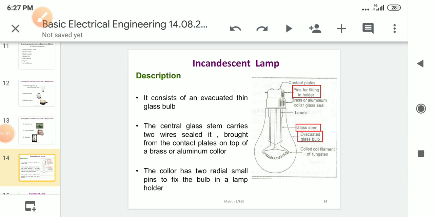So what's the working? Let's see the parts. See, these are the contacting plates, pins for fitting in the holder, brass or aluminum collar, glass seal, leads, glass stem, evacuated glass bulb, and filament. These are the list of parts observed here.